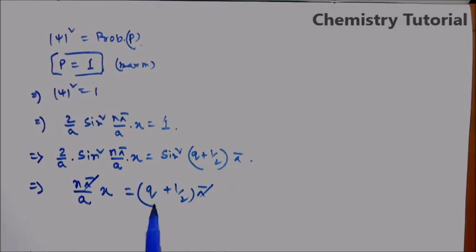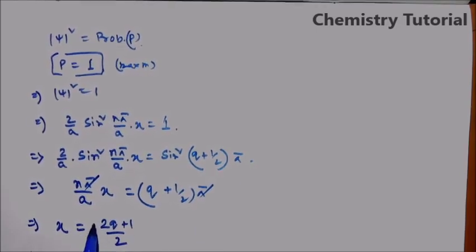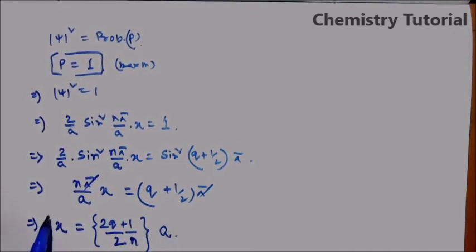Your q value is from 0 to infinity and x can be written as twice of (q plus 1) divided by 2n into a. So this is the point where the probability of finding the particle will be maximum.